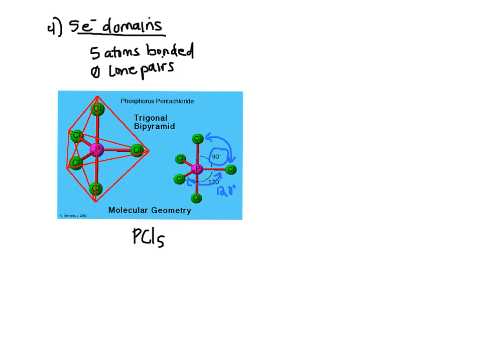So that is the only 5 electron domain shape I'm going to make you know, and its name, which is already written right here, but I'll go ahead and write it again, is trigonal bipyramidal.